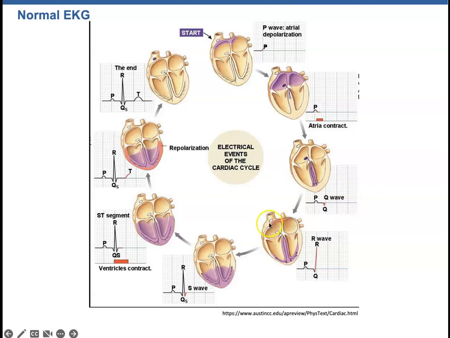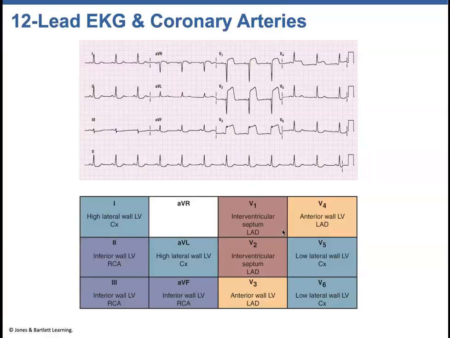And you see right here, they're repolarized, and now they are going into atrial diastole. So the atria are actually going to relax before the ventricles go through their process. They start entering diastole as the ventricles are depolarizing and going into systole.